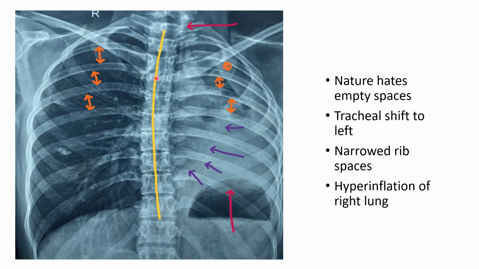We found that the opposite lung is herniating into this space, and this diaphragm is elevated and moving into the space. The rib spaces are narrowed. So almost everything around this particular hemithorax, which has a volume reduction, is trying to enter into it. So these are the secondary features of volume loss.